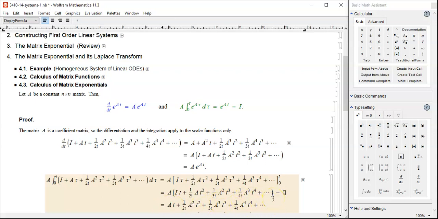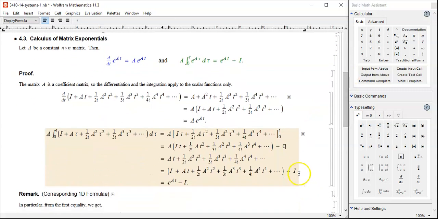This looks exactly like the Taylor-Maclaurin series expansion of the matrix exponential e to the at power, except that it did not begin from I. So what to do? I just artificially add I and then subtract I to keep the balance. If I do that, this whole thing will become e to the at power. And then of course I have minus I there. So that's the conclusion of this proof.